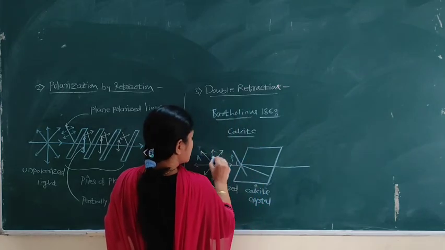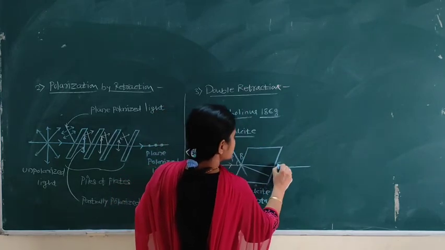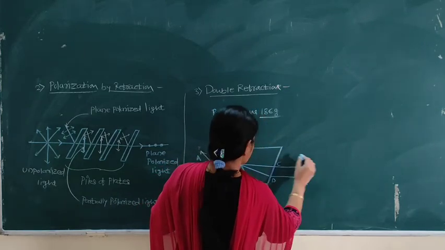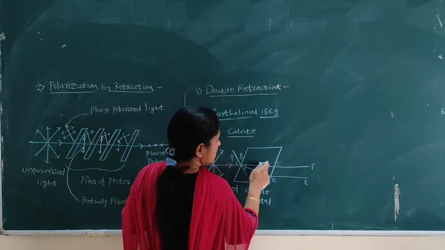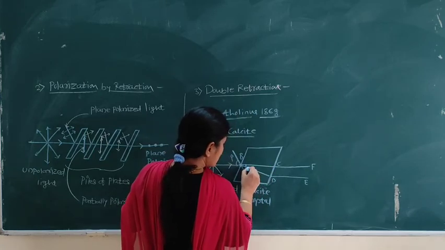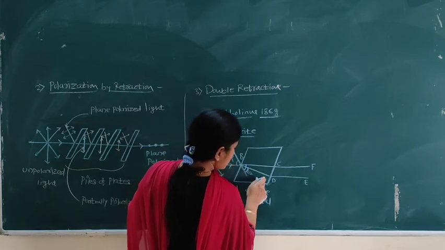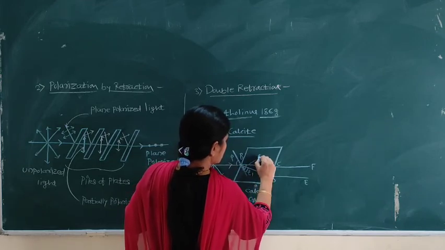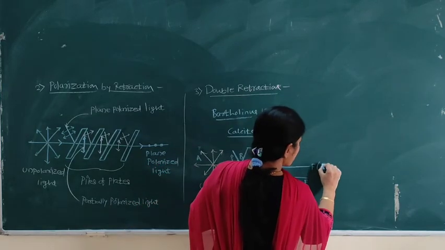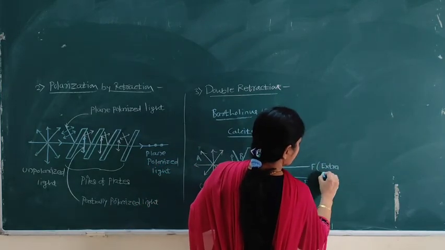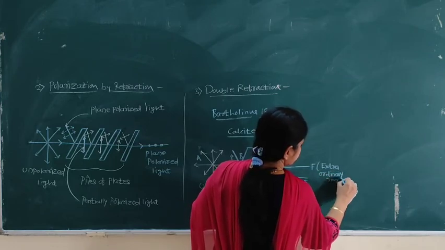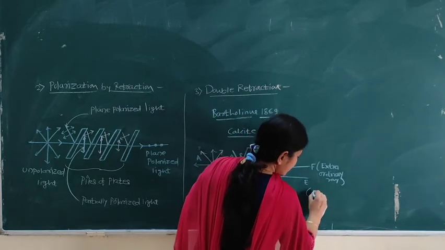If we consider this point as A, this B, this C, this D, E, F, then one is along BC, making an angle R2, and the other is along BD, making an angle R1. Now this is the extraordinary ray, and this is the ordinary ray.